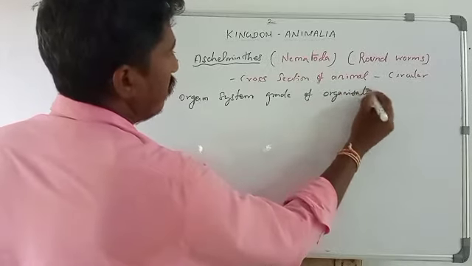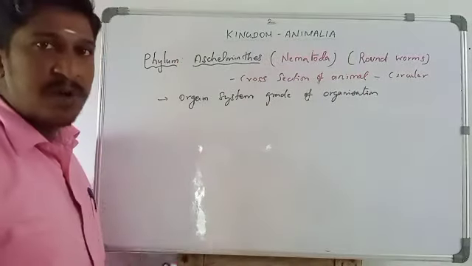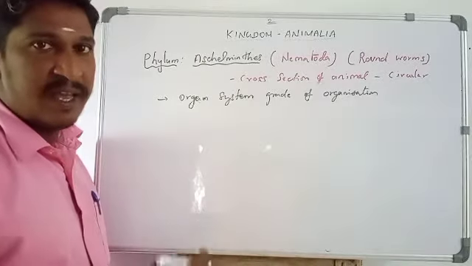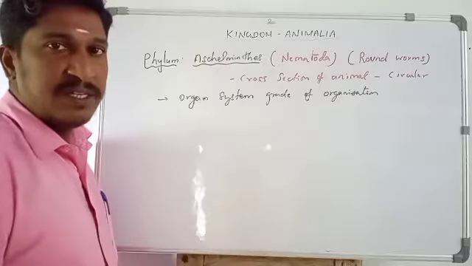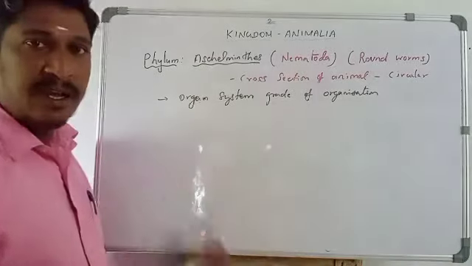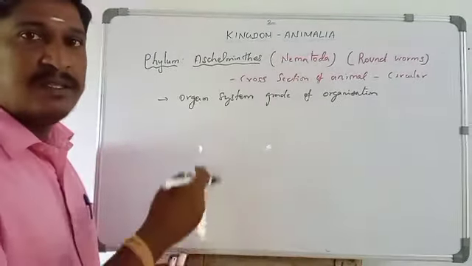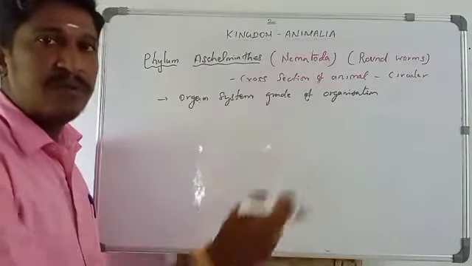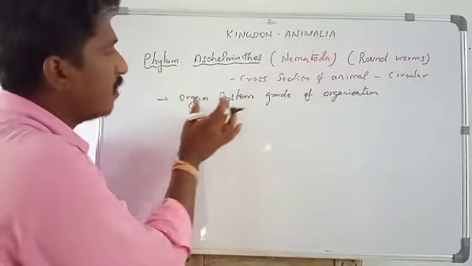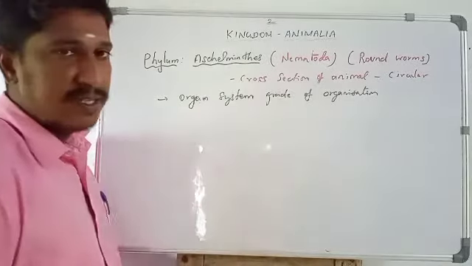They have organ systems for different functions like digestion, excretion, respiration, and reproduction. So there are systems present in this animal for particular functions, so they are called organ system grade of organization.